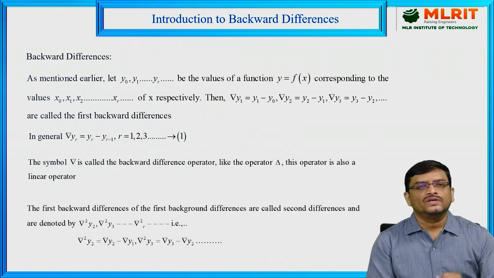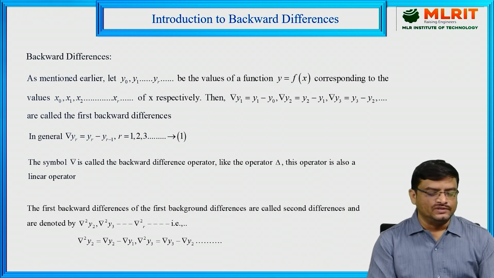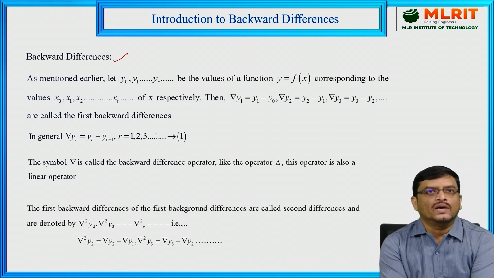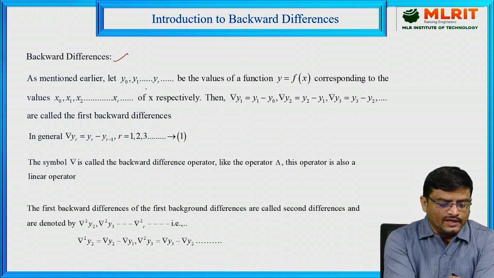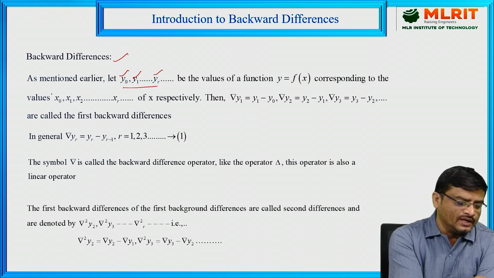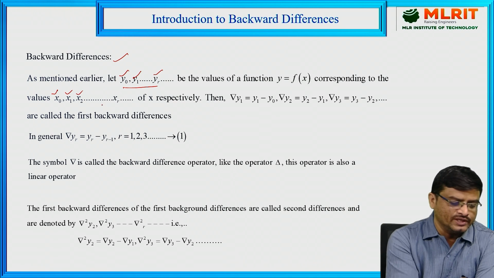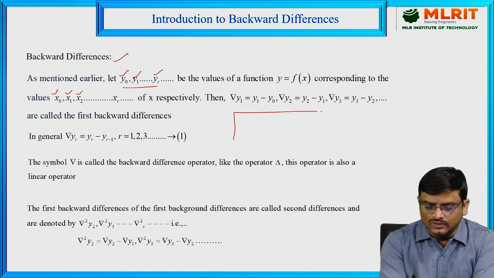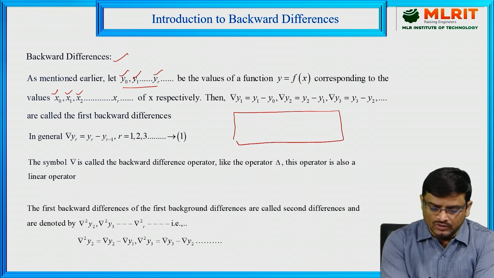Okay, first we will see what are backward differences here. In order to explain these backward differences, I have taken some values of y0, y1, y2, y3 and so on, yn, and its corresponding x values we have taken as x0, x1, x2, x3 and so on, xn. If you represent these values in a table, this is the table you will get.